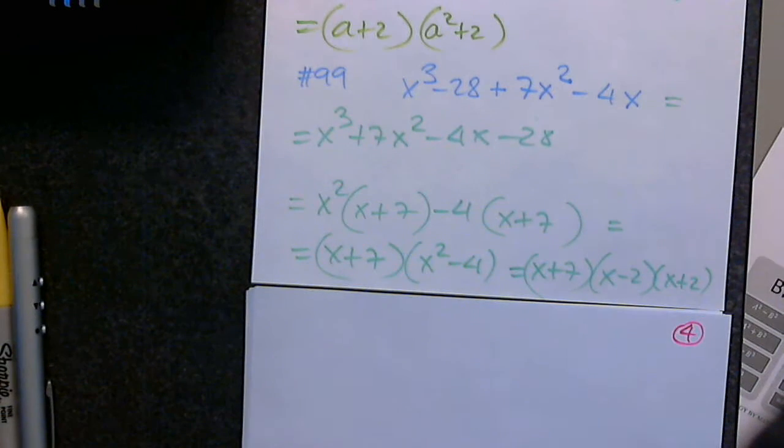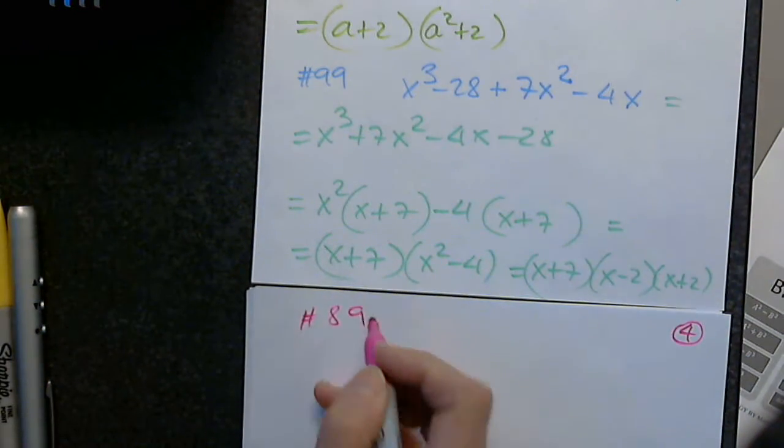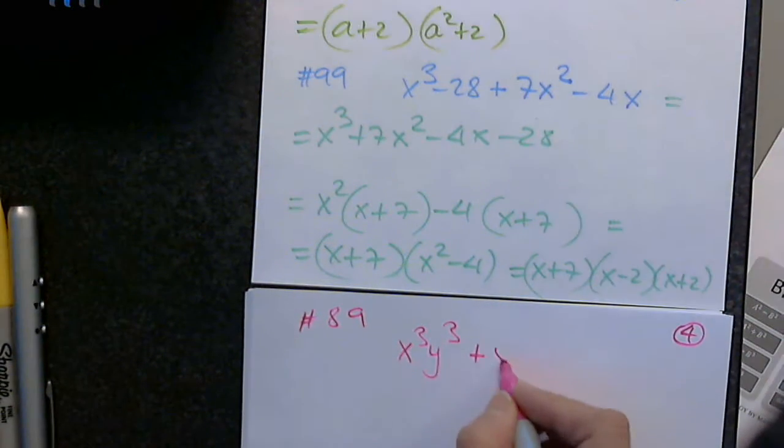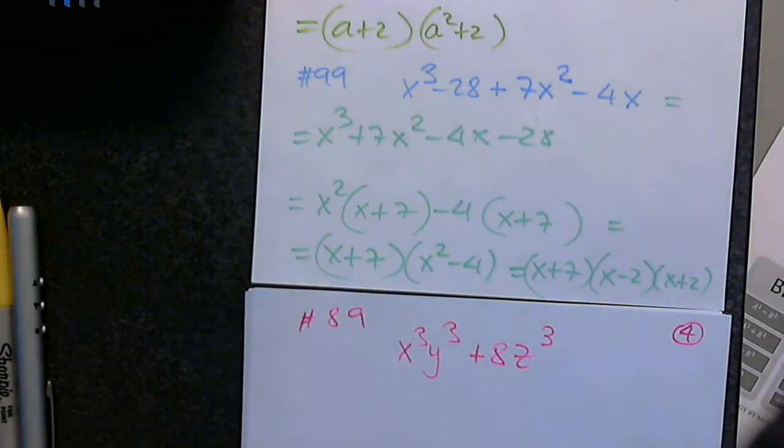Let's say 89. X to the third, y to the third, plus 8z to the third.